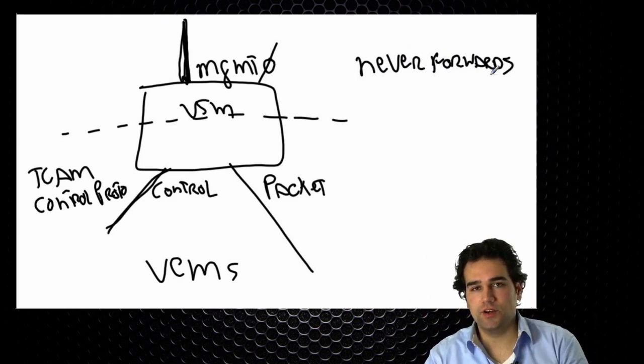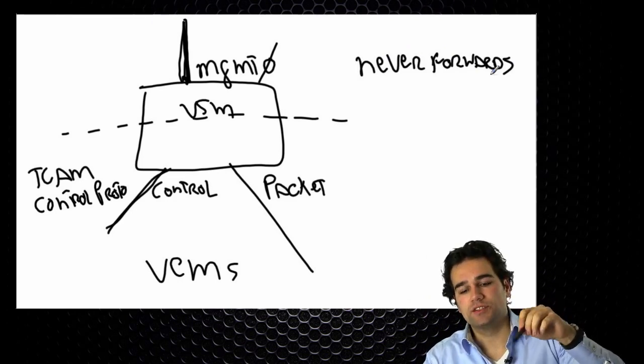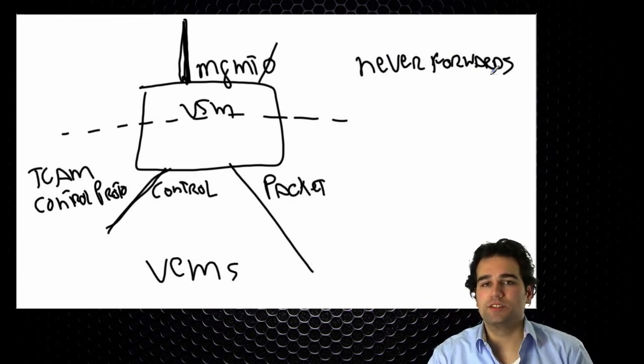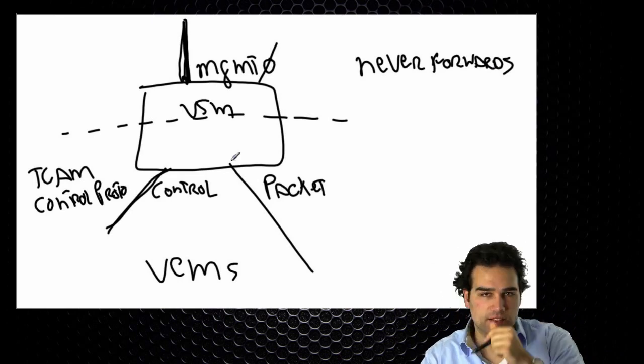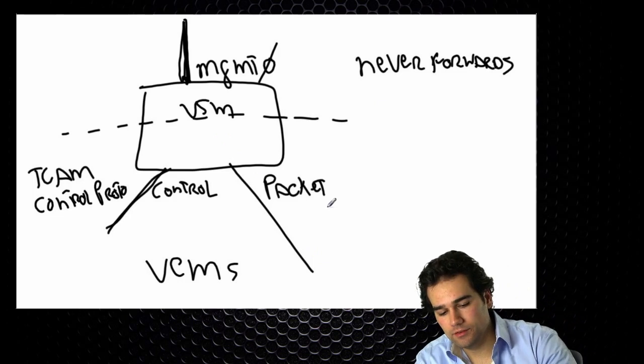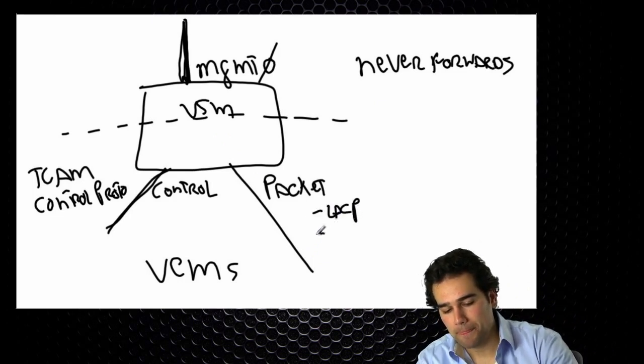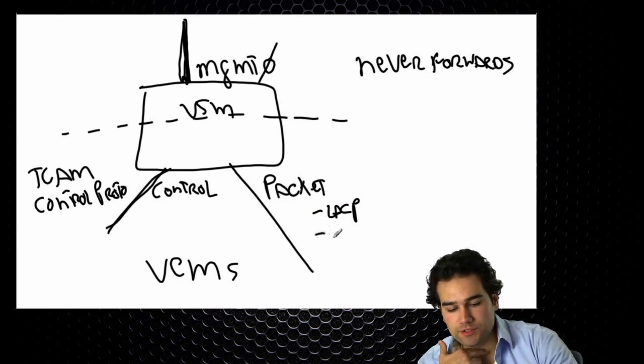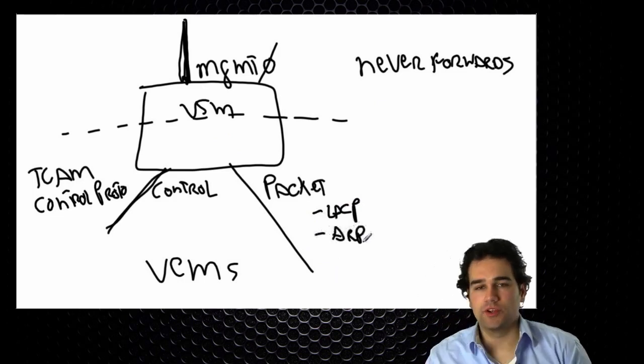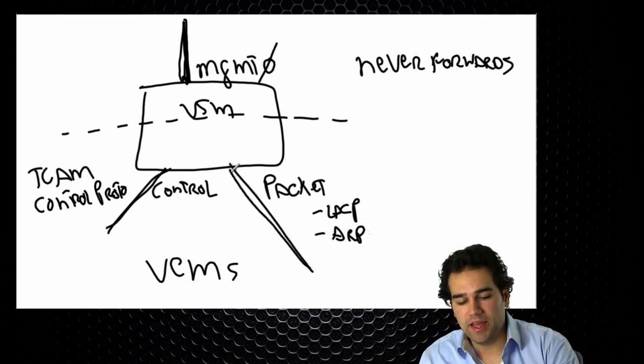Like the CAT 6500 where some packets get punted to the CPU and that's processed there, the VSM will never process data packets. But it will receive data packets like LACP packets when I'm running port channeling, or ARPs for certain addresses. So there will be some data packets being forwarded, and they are using the packet interface.